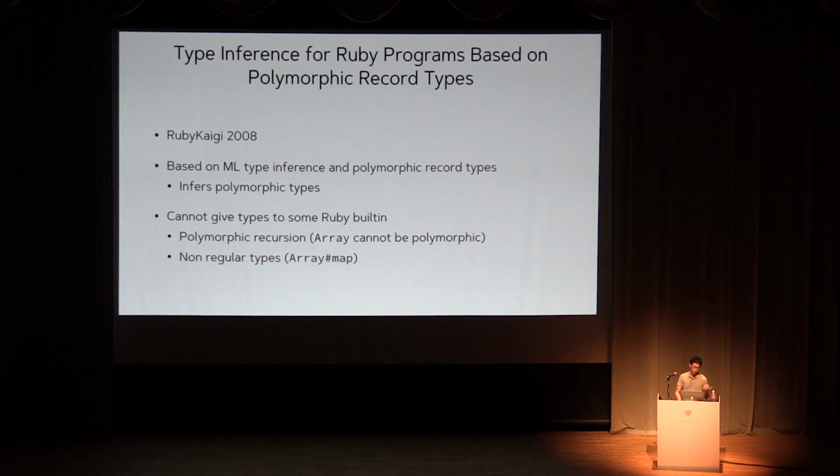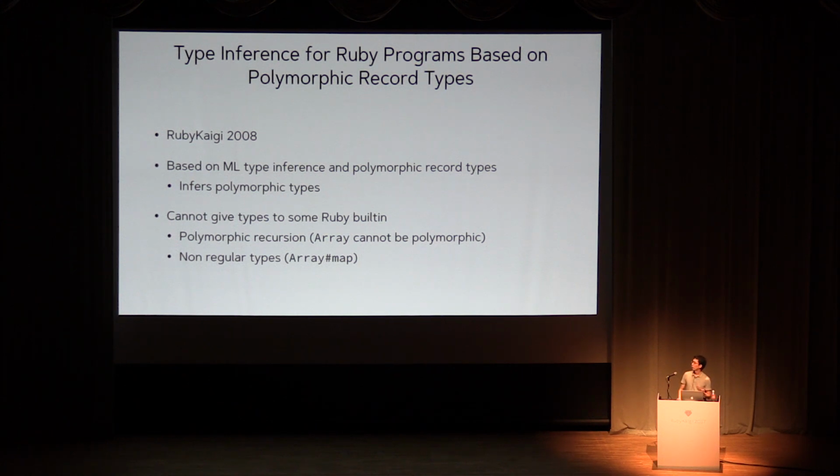The limitation is because of the ML type inference algorithm. It doesn't allow the set of classes called polymorphic recursion. And in the case of the Ruby standard library, array, integer and string are polymorphic recursion.